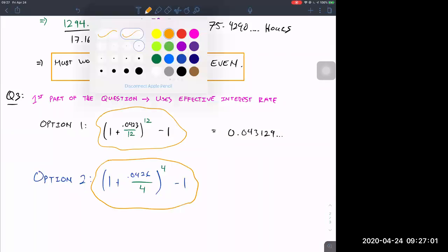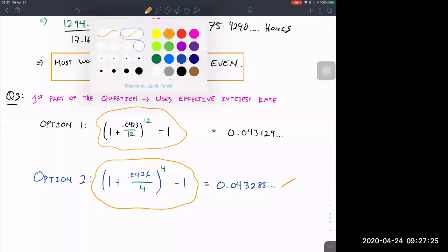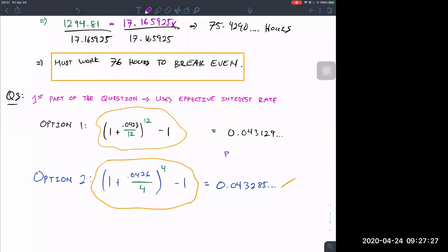These would be done correctly, but something went super haywire on the calculators because one of the calculations would be correct and the other ones would be super off, right? You just want to be very careful when you're doing this. And remember, for effective interest rate, you're going to always pick the higher return. So that would be option 2 right here. And I'm going to write here as well in purple, pick highest return.